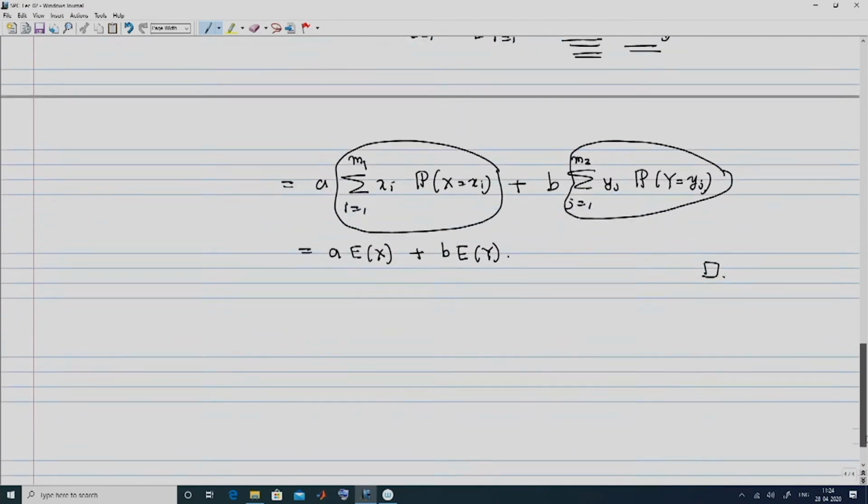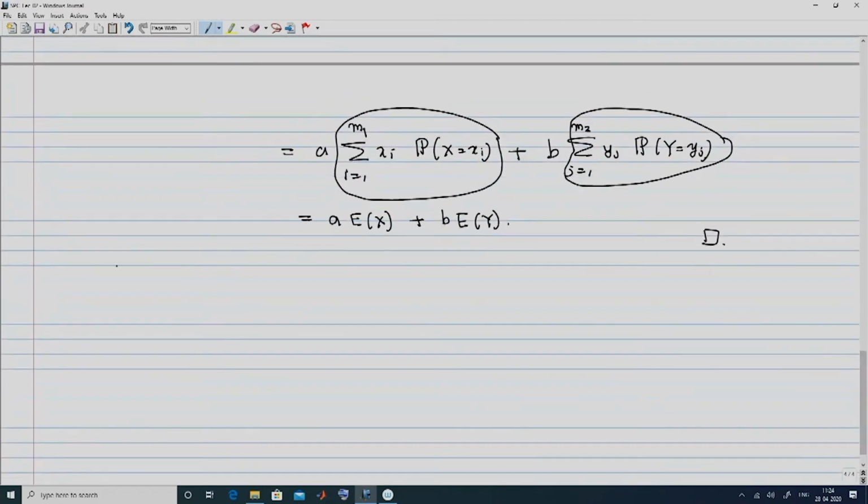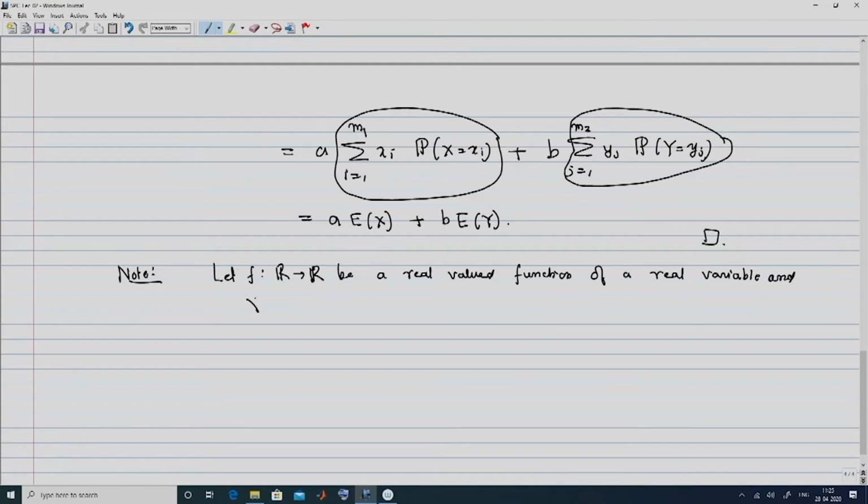Alright, next we will make an observation. Let f from R to R be a real valued function of a real variable, and let X be a random variable.